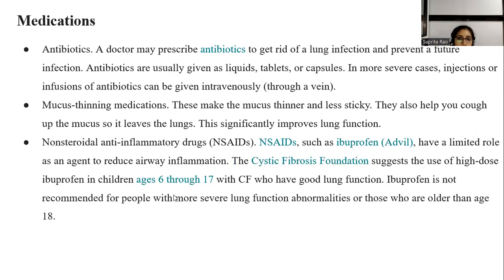Then, for medication, antibiotics can be given to combat the lung infection. Mucus-thinning medications are by far the most required for cystic fibrosis patients. They reduce the consistency of the mucus, thereby helping breathing. We also have non-steroidal anti-inflammatory drugs, which are a breathing aid.